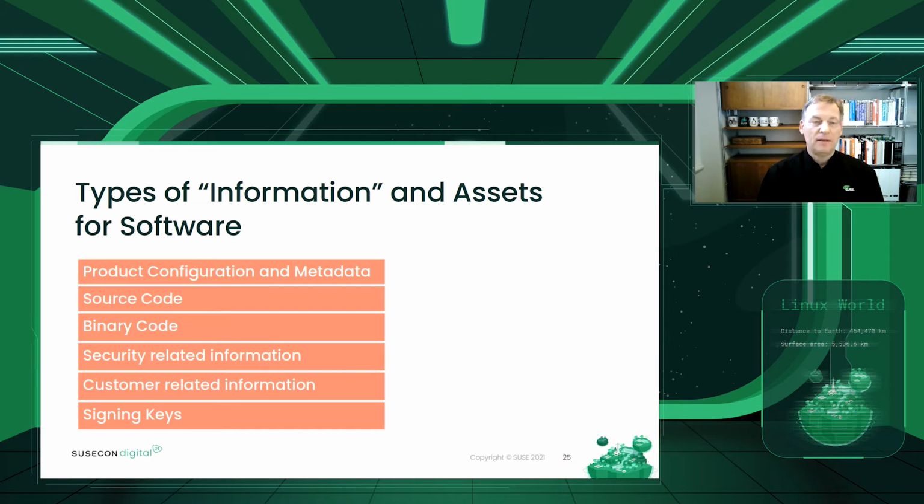Finally, the technical heart of securing some of this, if not most of the secure software supply chain, is encryption and signing. Obviously, these keys need to be very closely and tightly controlled and kept under control.